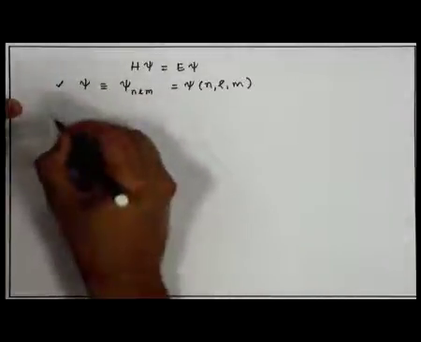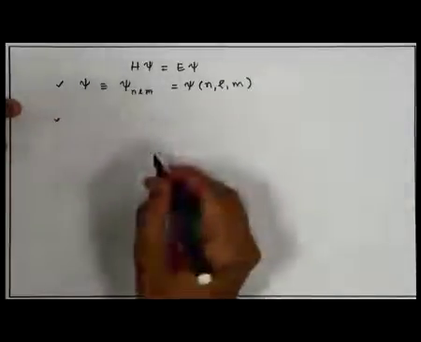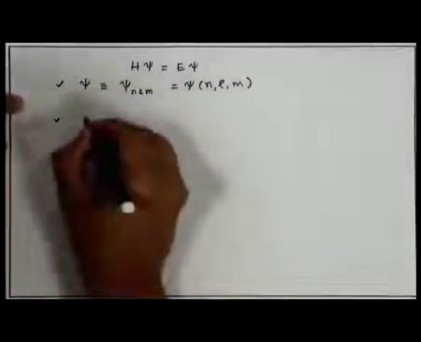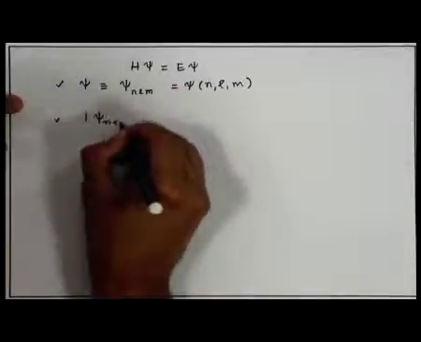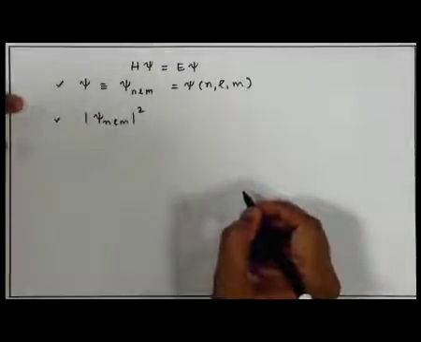We also know from Born's hypothesis that the wave function itself, we call it orbital, does not have a physical significance. What has a physical significance is the square of the wave function, psi n l m square.